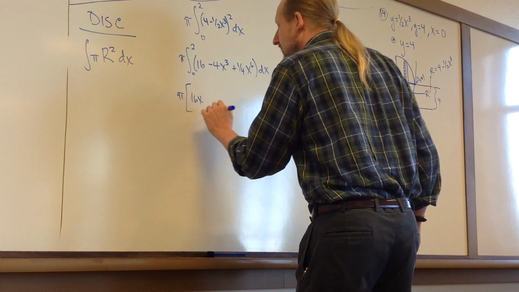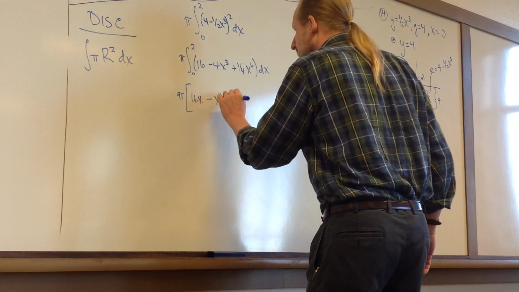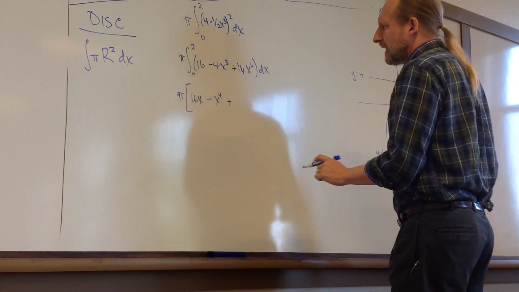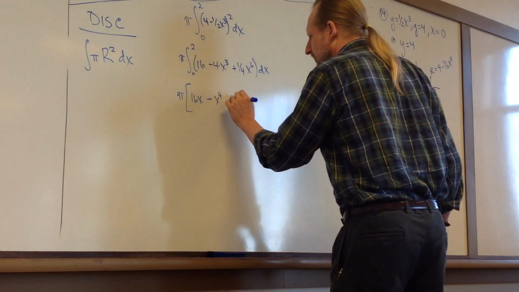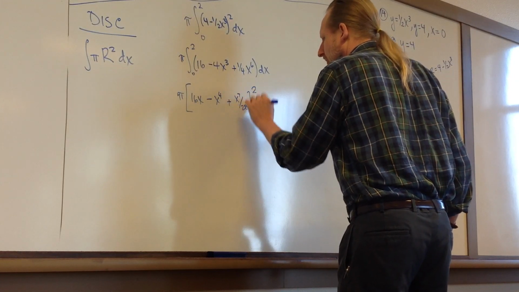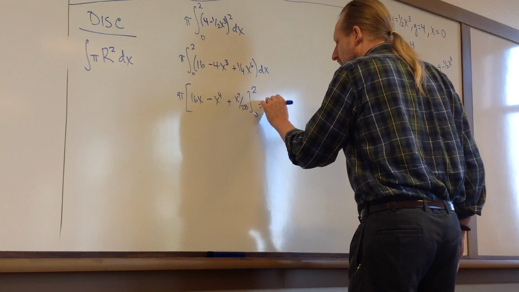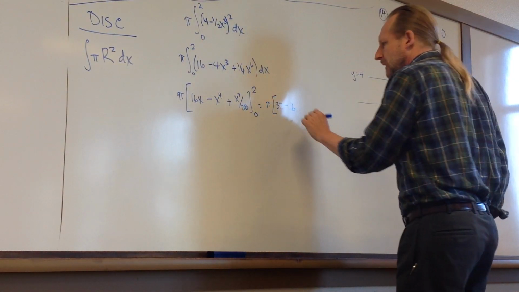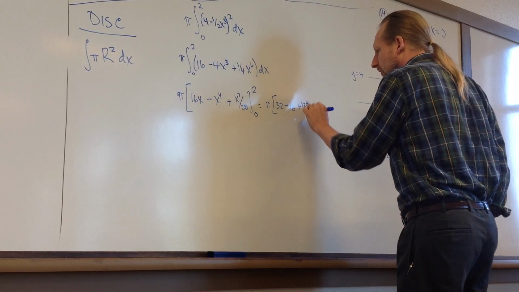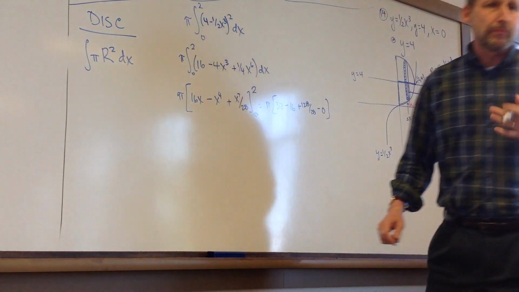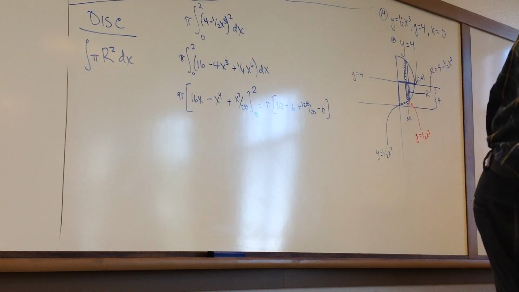This will be 16x minus x to the fourth. And then this will be a fourth times x to the seventh over 7, so that's going to be x to the seventh over 28. From 0 to 2. So that's 32 minus 16 plus 128 over 28, and then minus 0 if we plug that 0 in there.